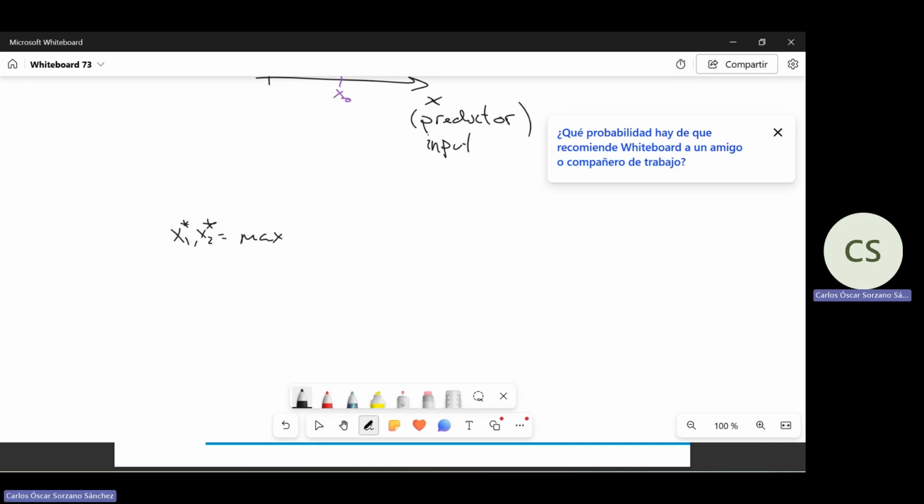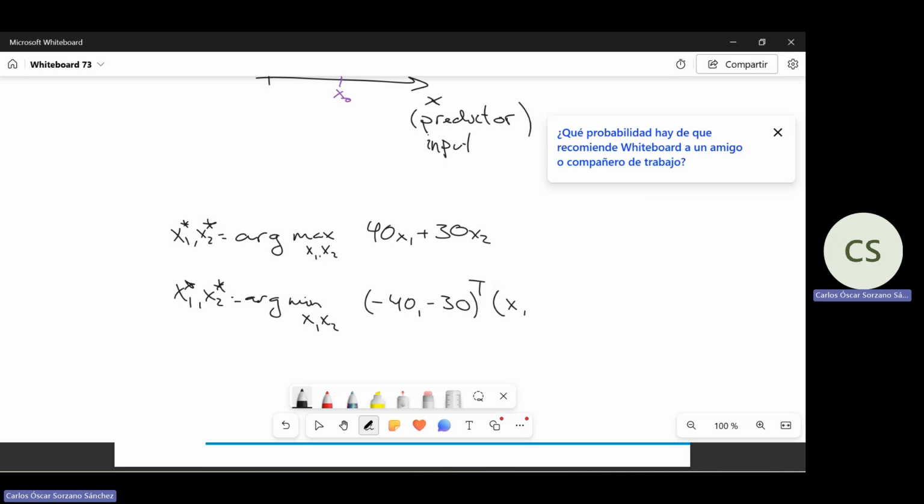Typically also you put a star for the solution, and then you say there are arguments that maximize with respect to x1 and x2, this thing, 40x1 plus 30x2. And then this solution is the same as the argument that minimizes with respect to x1 and x2. Then I will write it like this: minus 40 minus 30 transpose x1 x2.